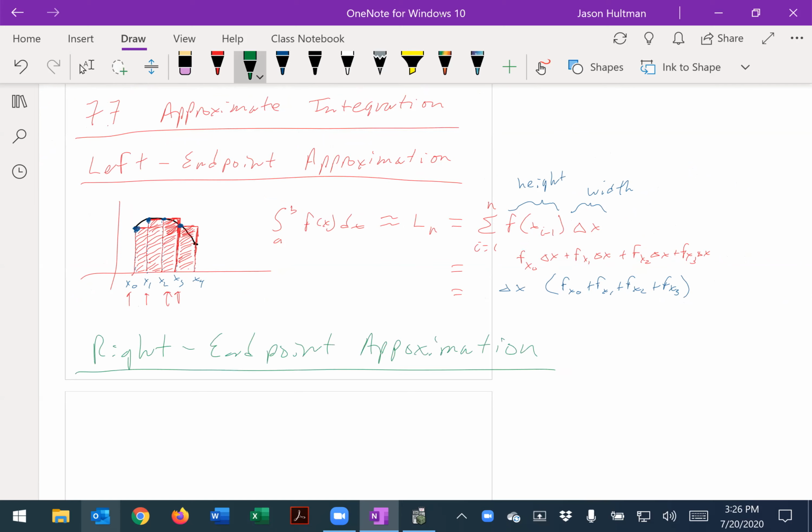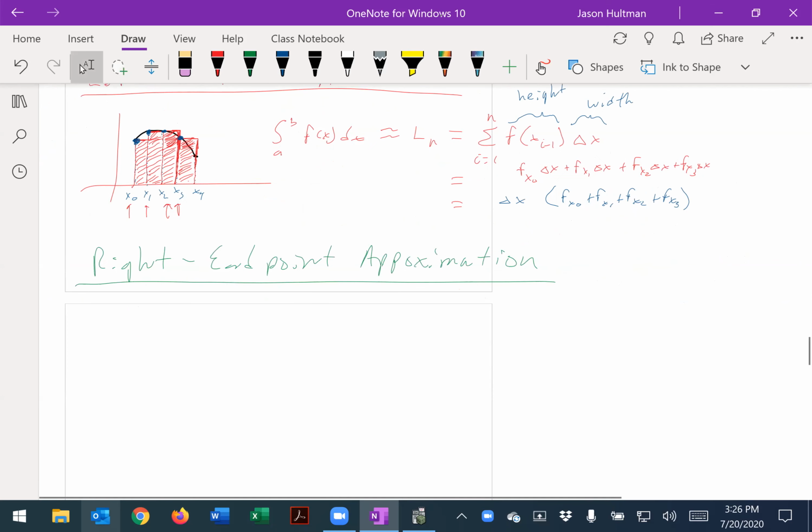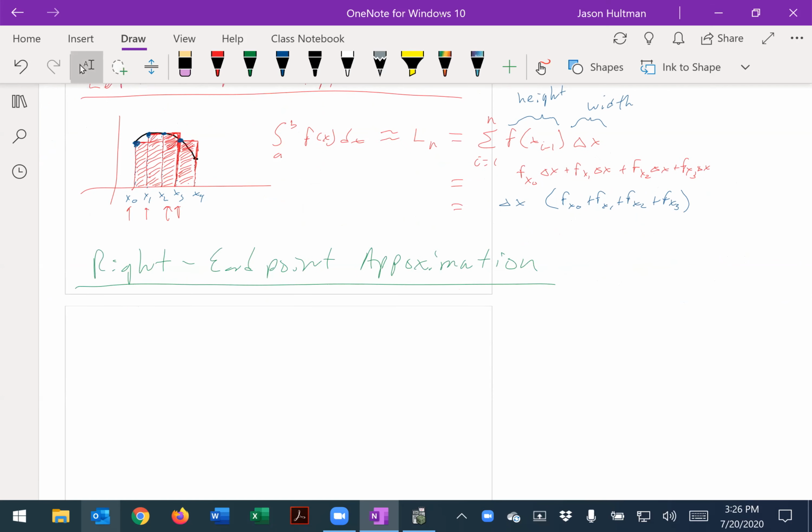So what does a right endpoint approximation look like? Well, we're going to go like this, and then we're going to have our endpoint, and we're going to have a similar curve. And in this case, we're using right endpoints.